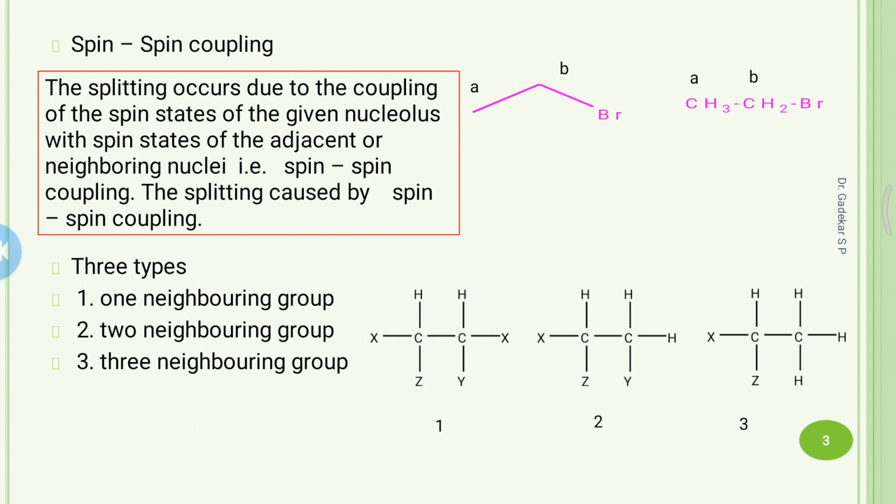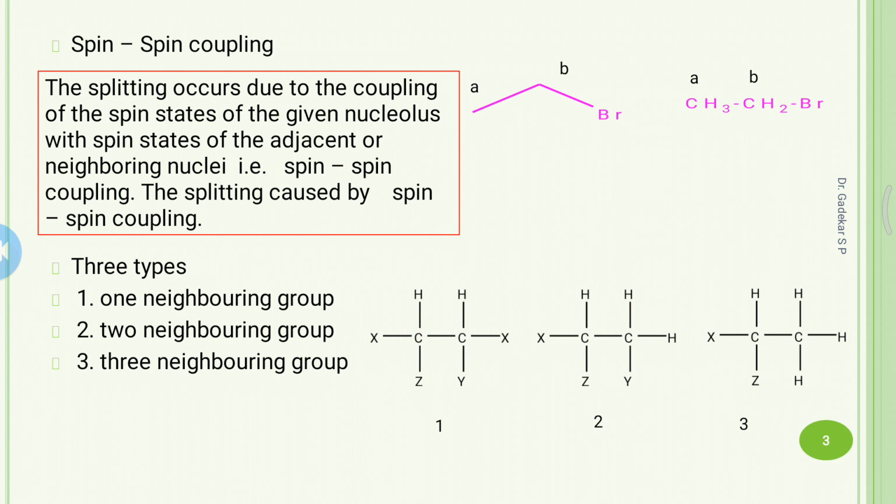A has the CH2 as neighbor and B has the CH3 as neighbor. So A has two neighboring protons and B has three neighboring protons. This splitting caused by spin coupling is the coupling of the spin state of the given nucleus with that of the adjacent nuclei.